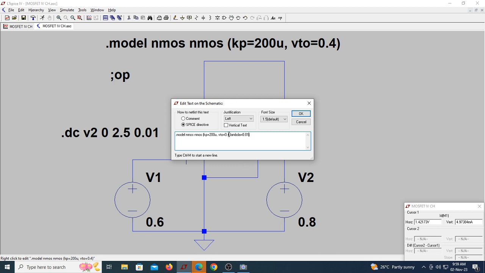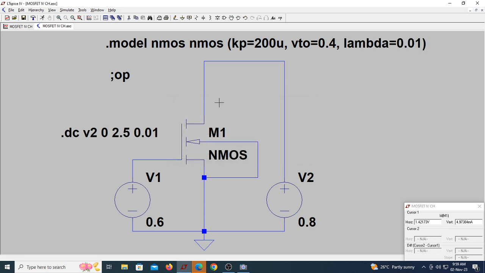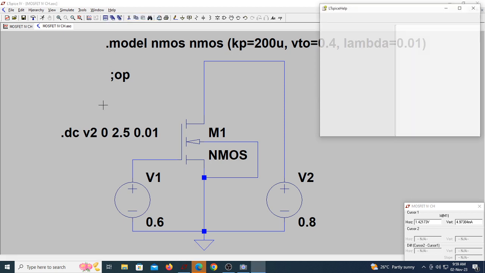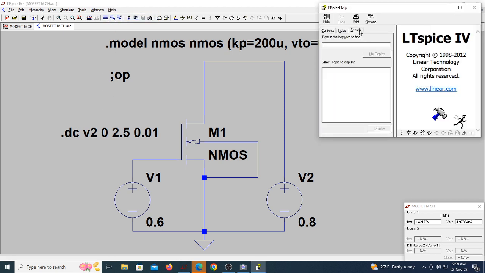Of course you have to be very careful with this: the LAMBDA spelling has to be proper. You can see the same thing in the help.